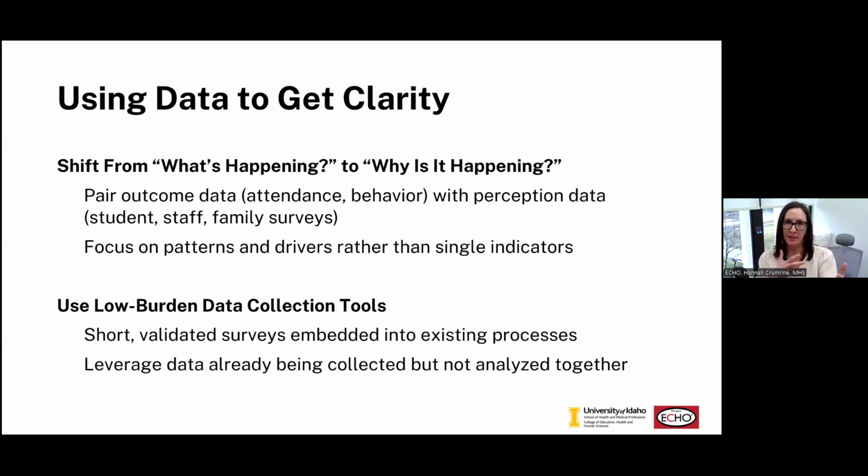You could embed them into current processes. You could also consider ways to leverage data that you're already collecting. Often we collect data for the sake of collecting data and might not be doing anything with it, or we might be analyzing it in isolation. So combining all your different data sources could help you identify your problem.